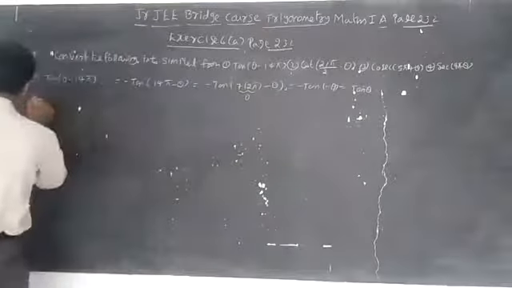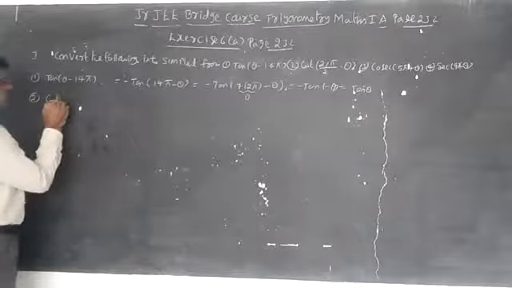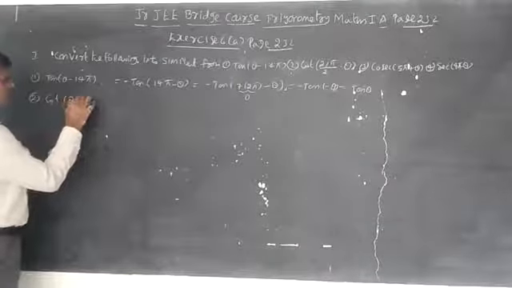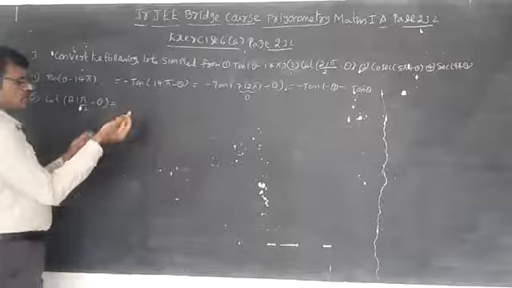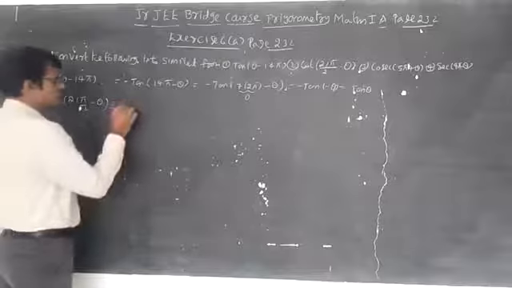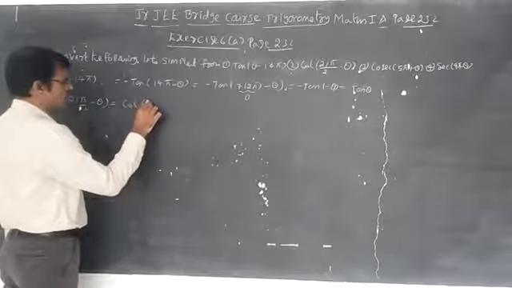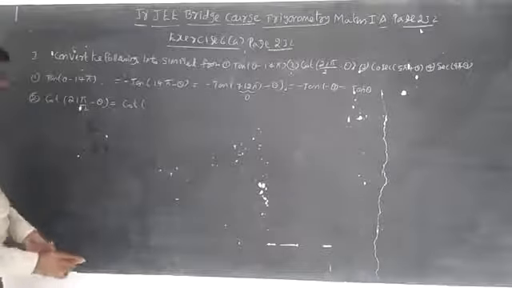Now second one, cot of 21 pi by 2 minus theta. We should convert the angles into known values using allied angles. So 2 pi plus something, pi by 2 we should write.